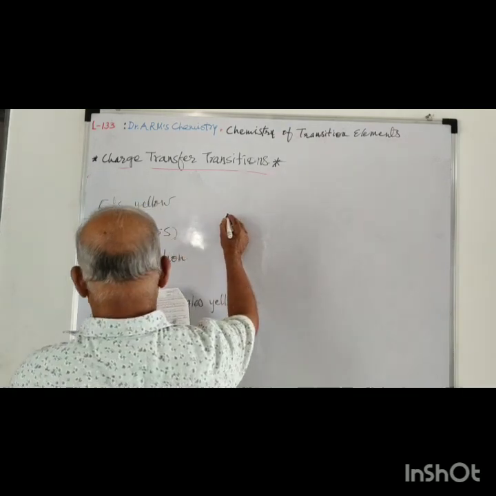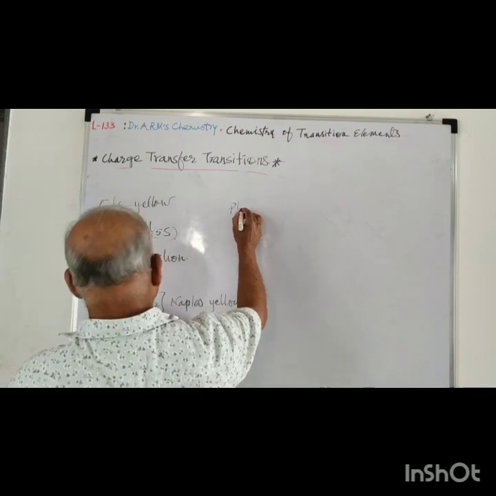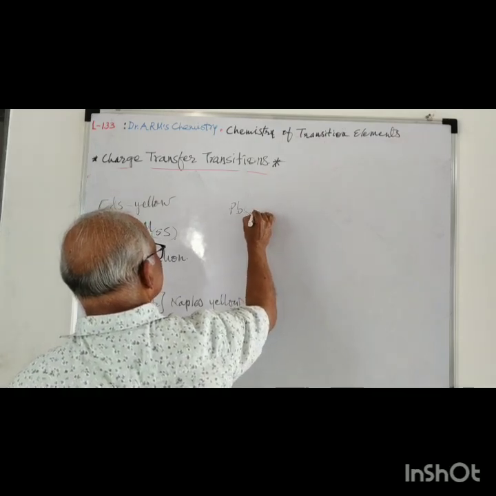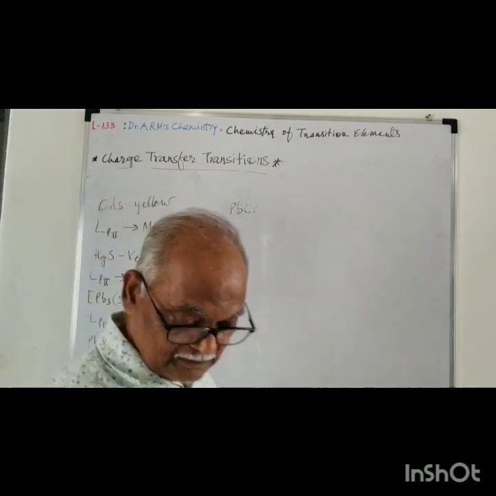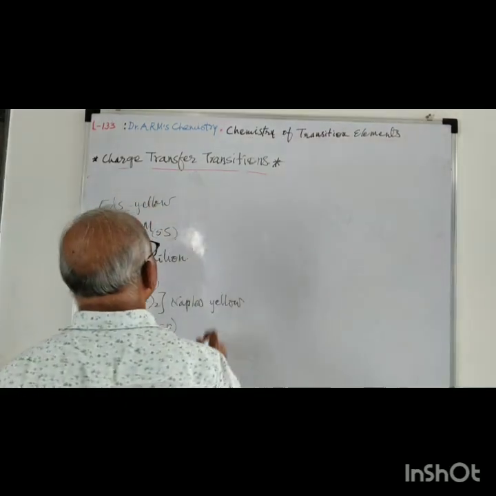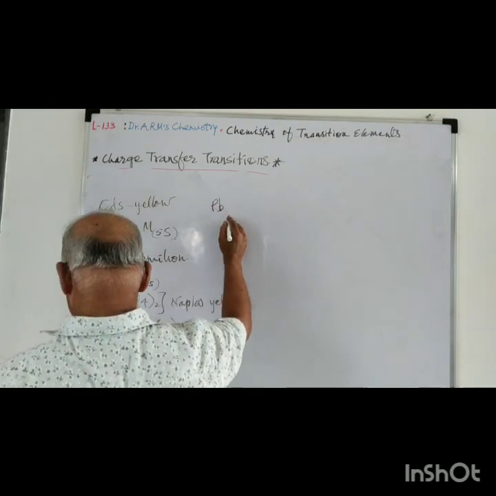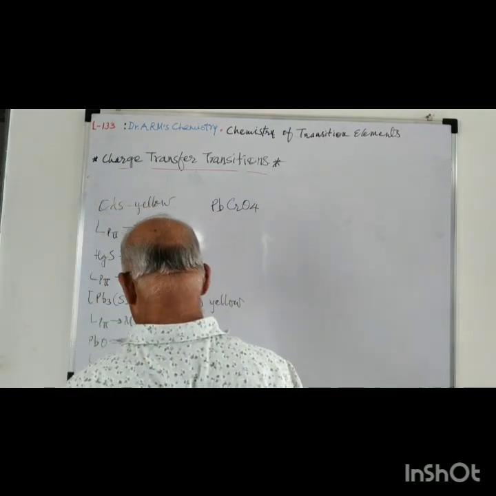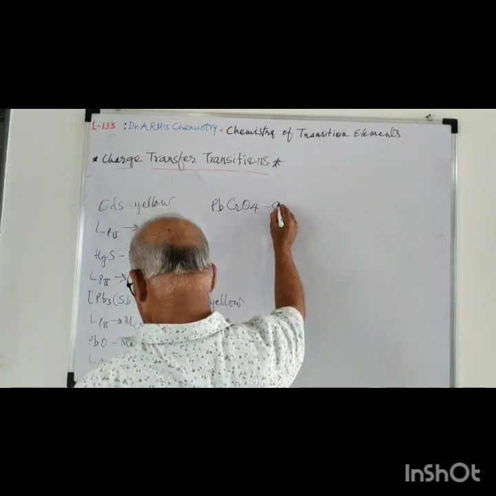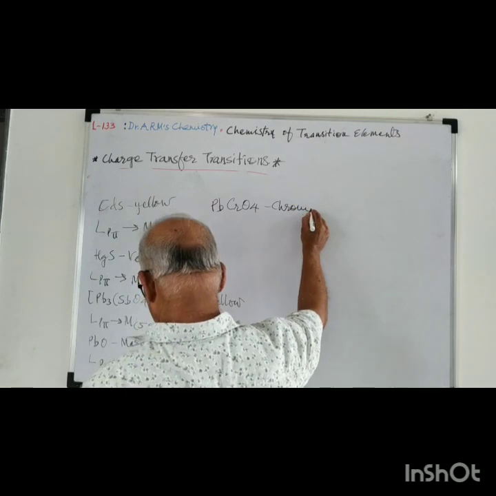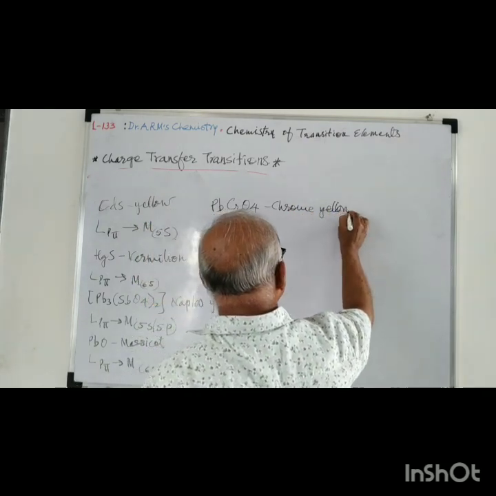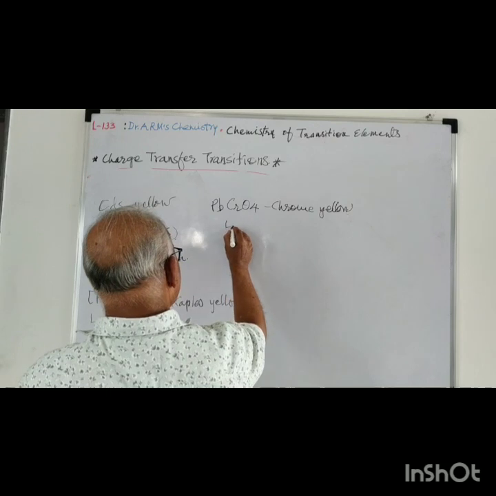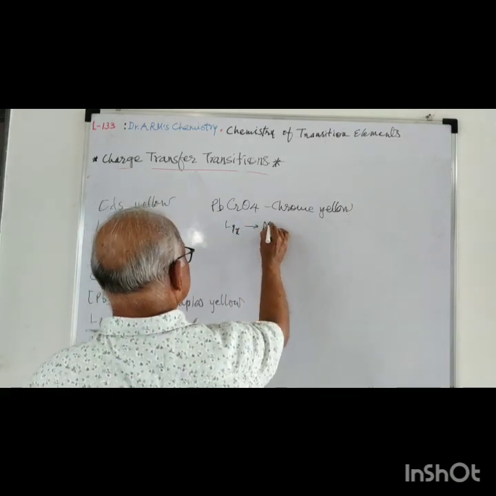Then we will have other examples. PbCrO4 has chrome yellow color, and it will show the transition ligand p pi to metal 3d.